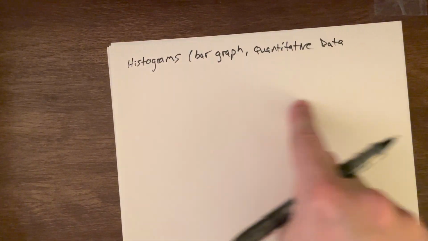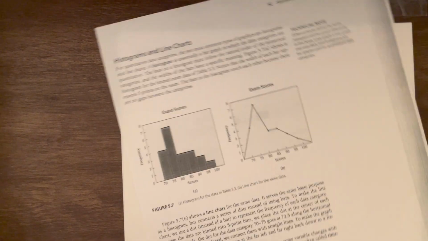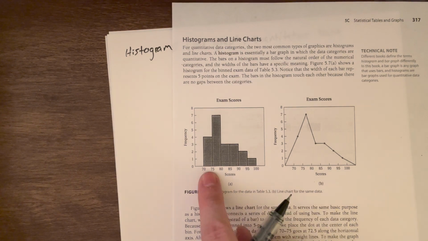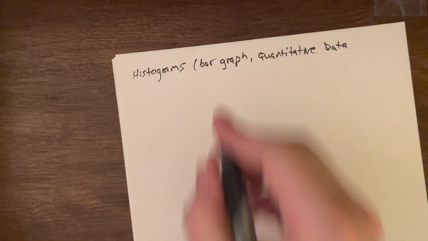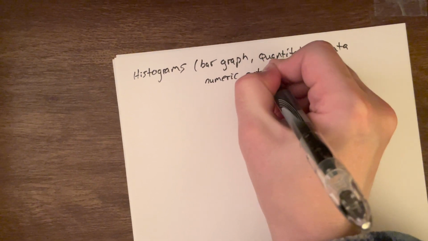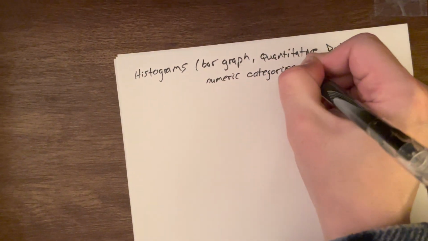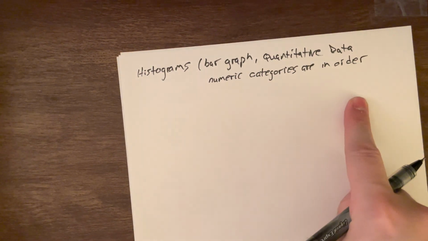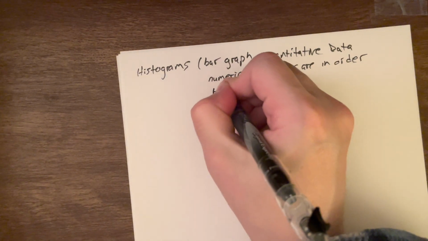So instead of having the categories across the bottom, the categories are going to be numeric, and those numeric categories are in order. And therefore, by doing it like that, now my bars touch.